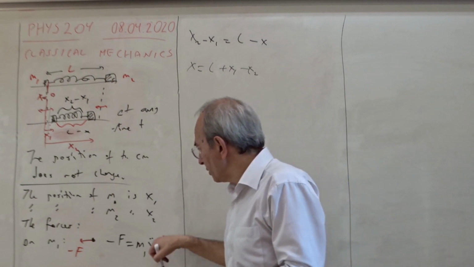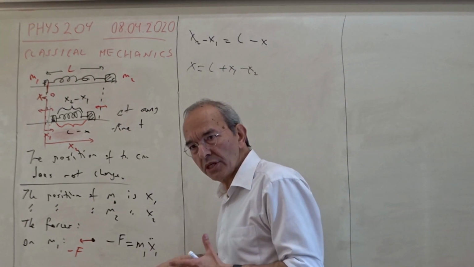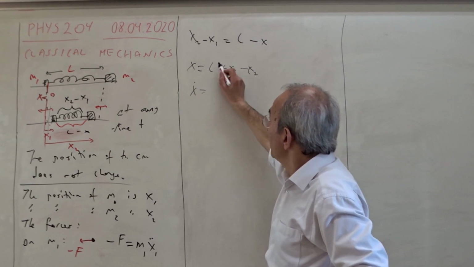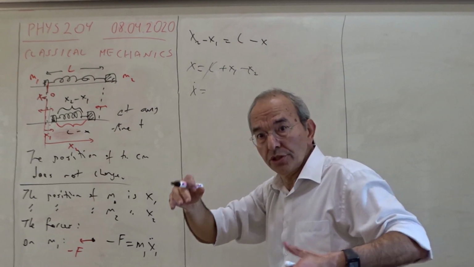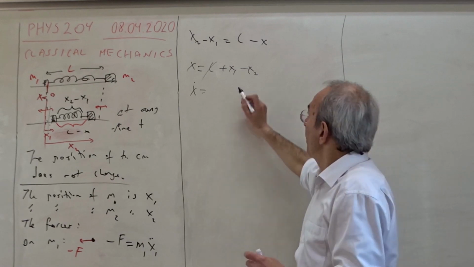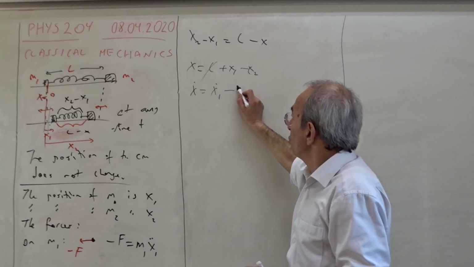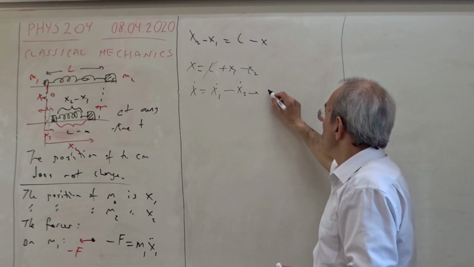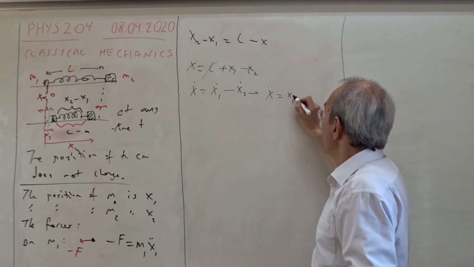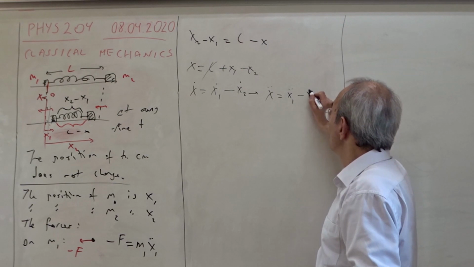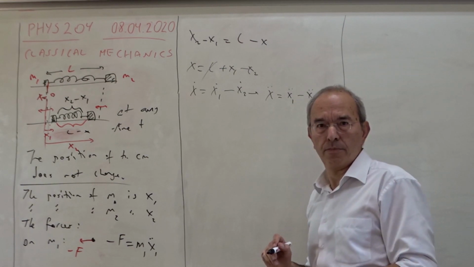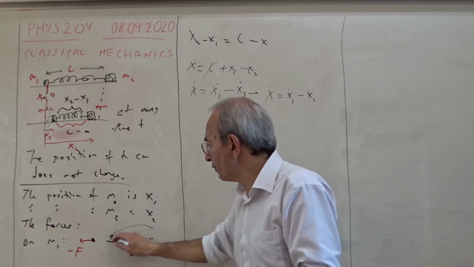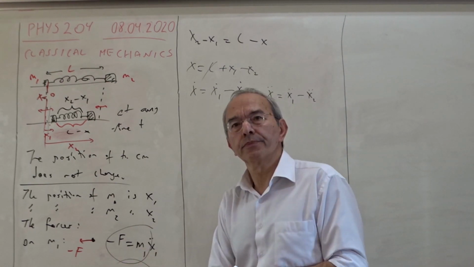But we should get the second time derivatives. We differentiate once: x dot will be, this will be 0 because L is a constant. It has no time derivative. The other ones are x1 dot minus x2 dot. We differentiate once more, so it becomes x double dot equals x1 double dot minus x2 double dot. So let's rewrite this equation with the help of these two.